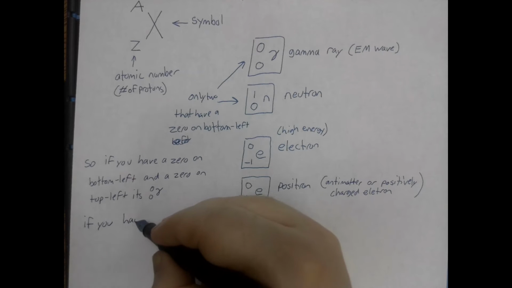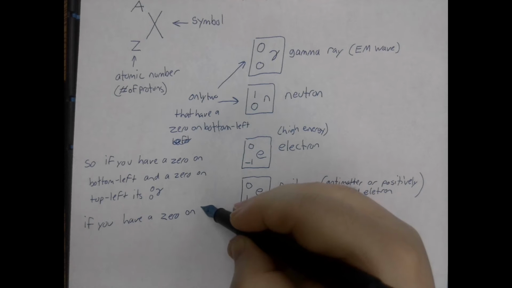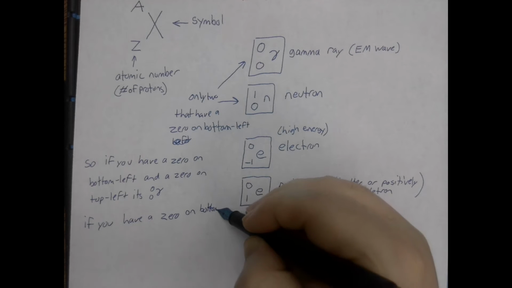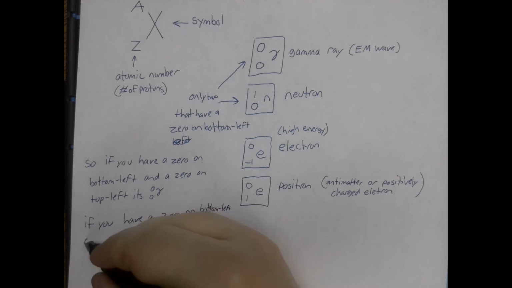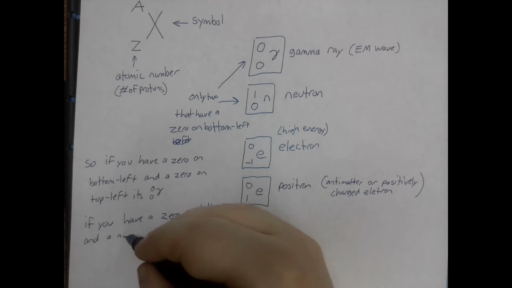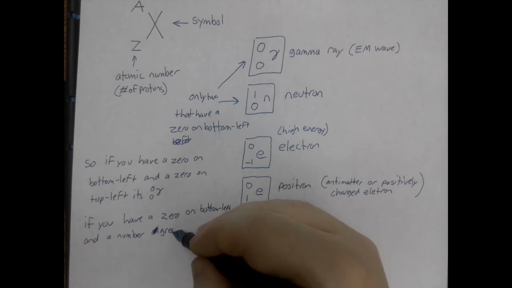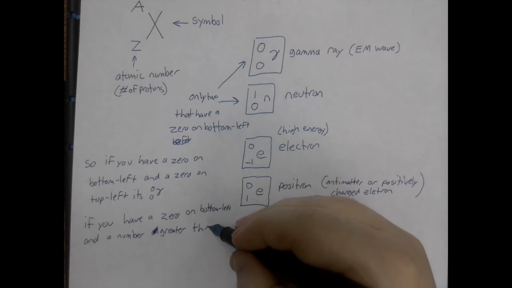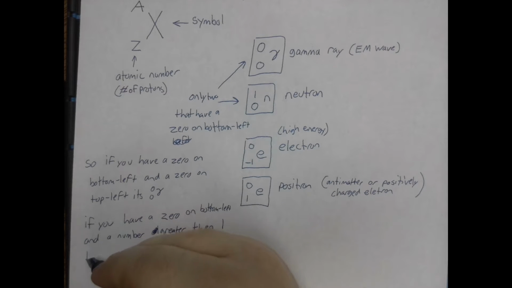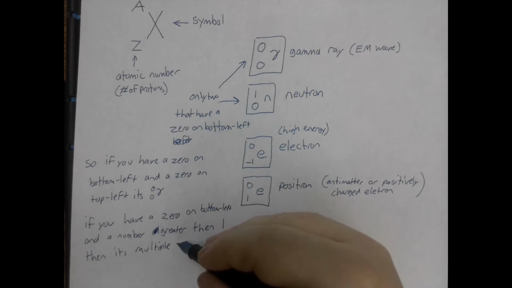If you have a 0 on bottom left and a number greater than 1, then it's multiple neutrons.